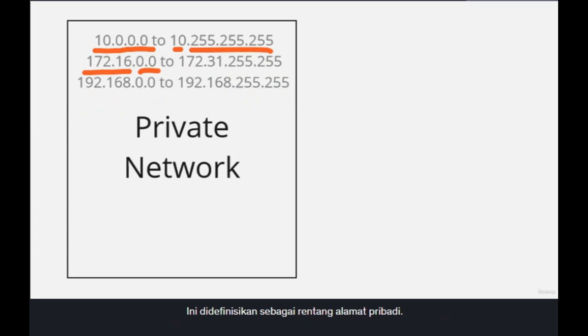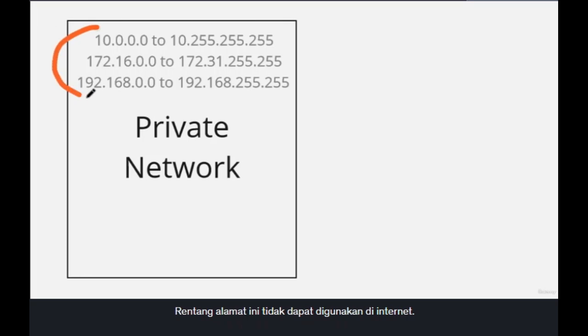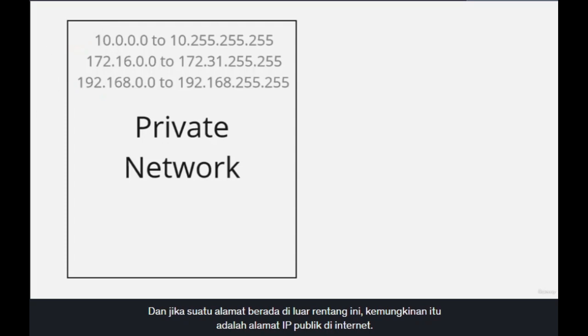These are defined as private address ranges. These address ranges are unusable on the internet. They are for private only. And so, yeah, there's certain address ranges that are reserved for private addresses. And if an address falls outside these ranges, it's probably a public IP address on the internet.